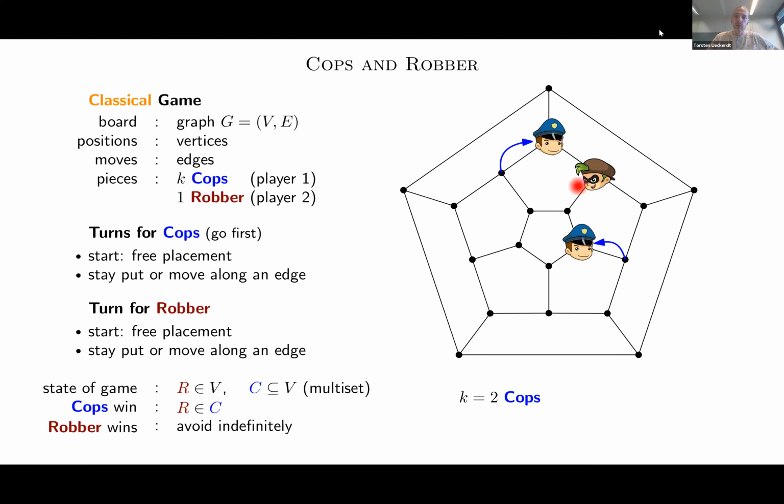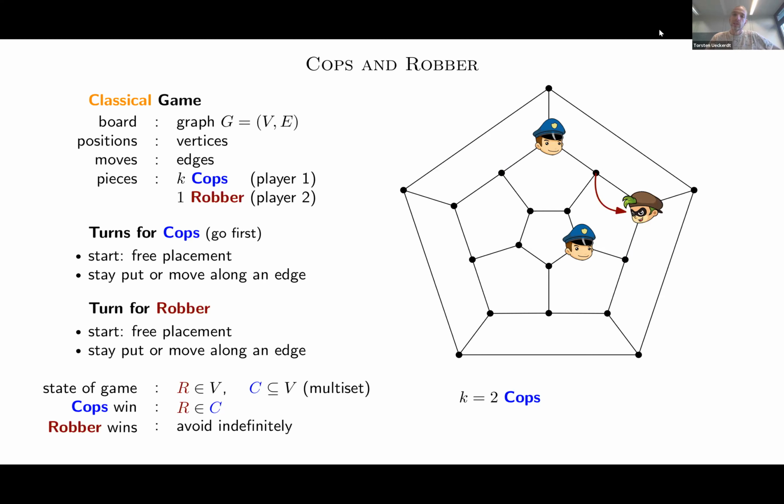And this cop is here, so now the robber should not move into the cop, then he would be caught. And the robber should also not stay there because then this cop would catch him. So actually, the robber, seeing the position of these two cops, should decide to move there.